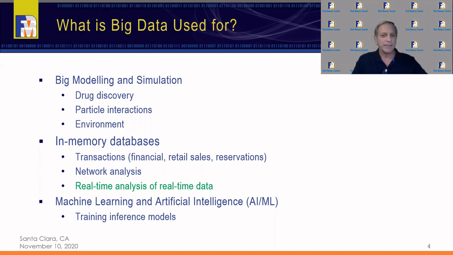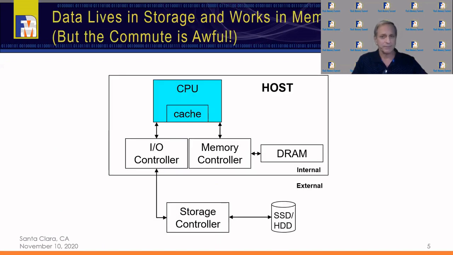And of course, training AI models with millions of parameters requires accessing terabytes of data. So where does big data live and how is it processed? Traditionally, data lives in storage and it works in memory, and the commute is awful. A hierarchy can be inferred from this figure. The on-processor cache is at the top of the hierarchy.